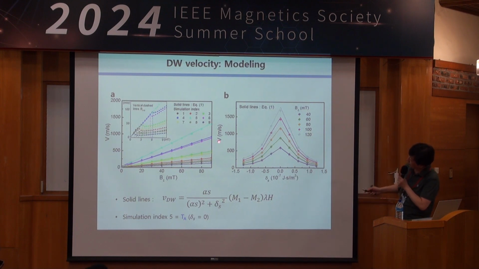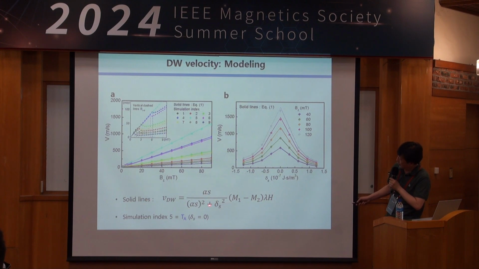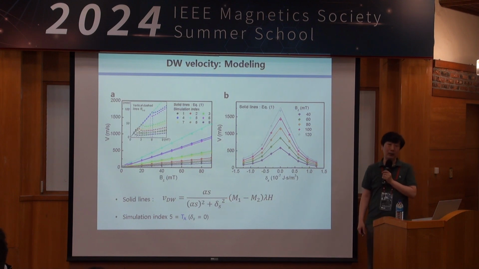This one is the numerical study based on the atomistic energy equation, and the result is summarized here. We varied the net angular momentum delta S, and we found that indeed domain velocity is maximized at zero net angular momentum of the system because, as I showed before, delta S appears in the denominator as a square term. So when delta S is zero, this becomes maximized.